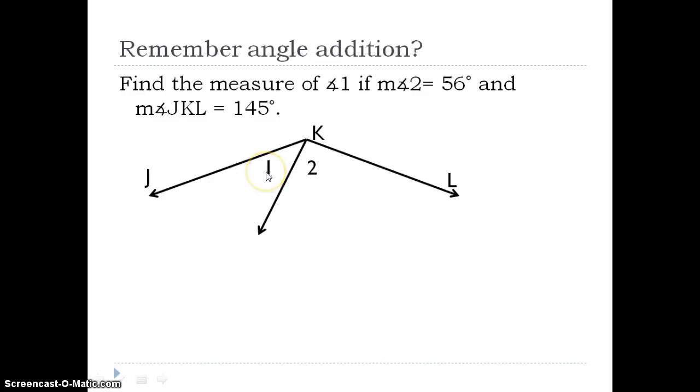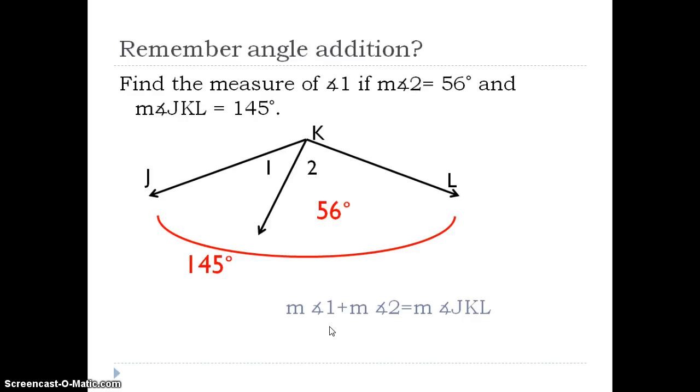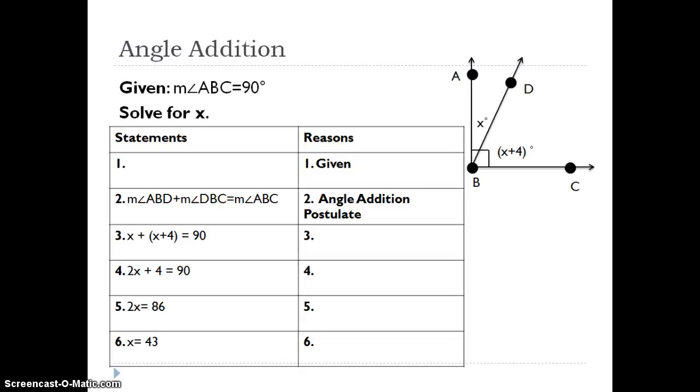Find the measure of angle 1 if the measure of angle 2 is 56 and the measure of angle JKL is 145. So to do this, you would just need to subtract 56 from 145. So the measure of angle 1 plus the measure of angle 2 equals the measure of angle JKL. And then you would plug in what you know and finally subtract the 56.